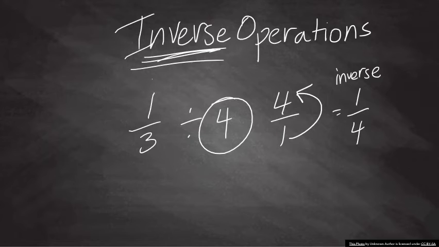Once I have my inverse number, I can multiply the factor here by the inverse, and that is actually dividing by 4.